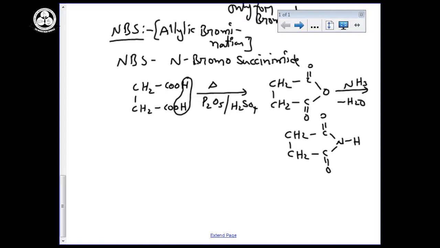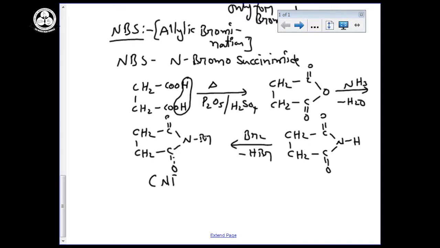Now after that, this one you are doing for bromination. Br2 we can add, removing HBr, then it becomes CH2, CH2, C double bond O, here NBr.